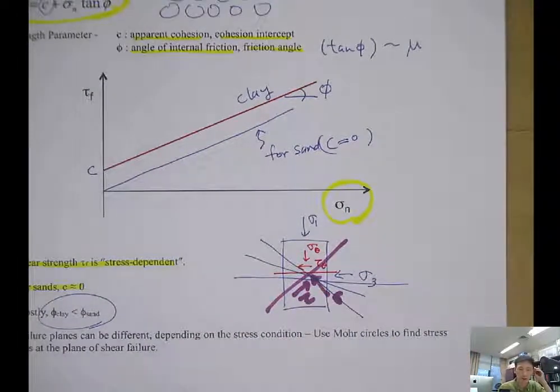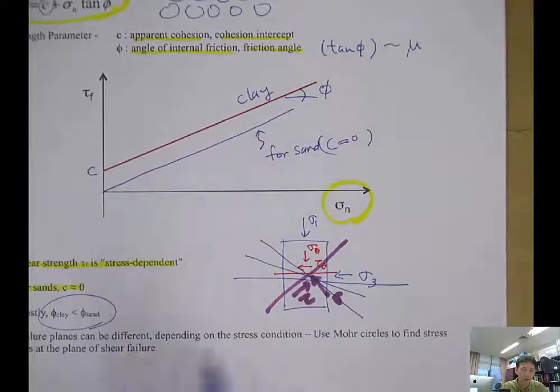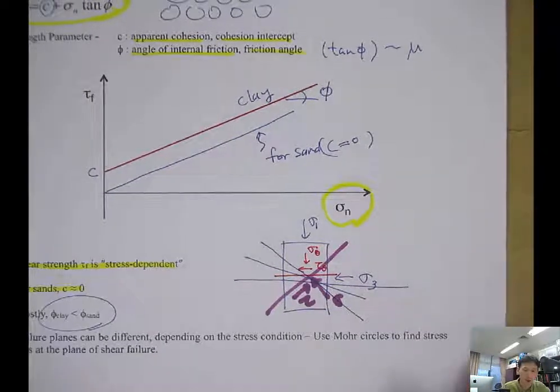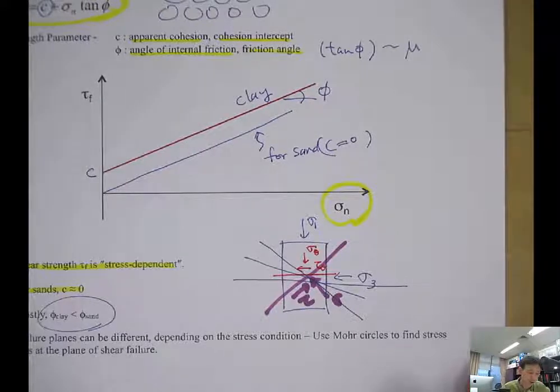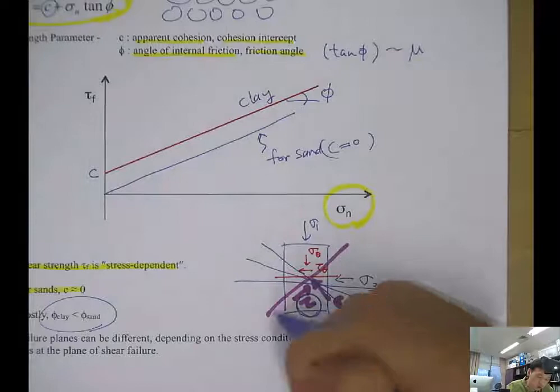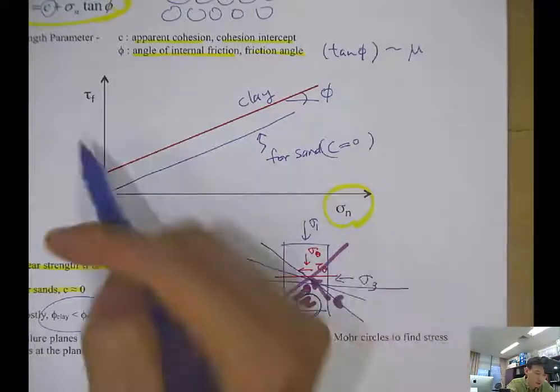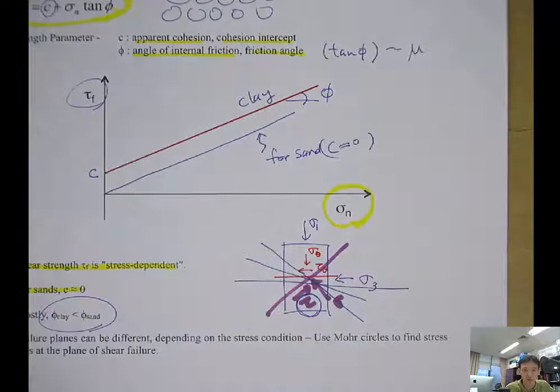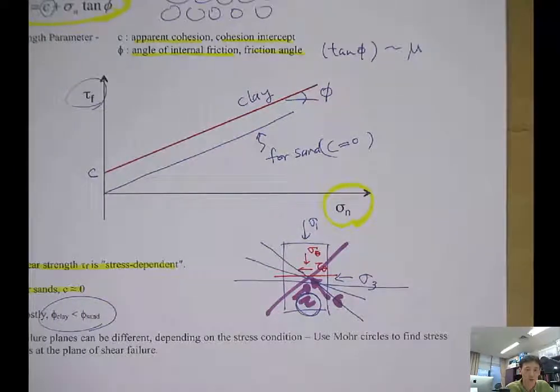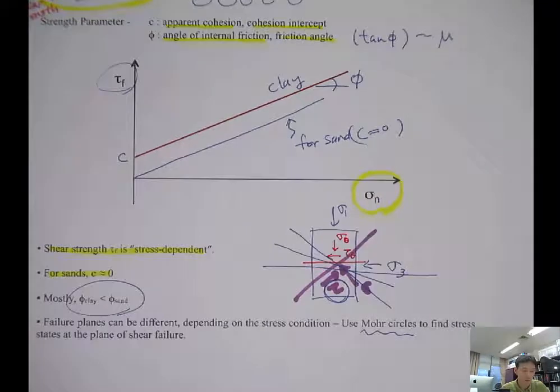As the plane angle differs, you can define an infinite number of planes of interest, and depending on the plane, the stress condition on that plane will be different. If the stress at a certain plane is greater than the strength tau f, then failure will occur. So to find the failure condition, we have to use the Mohr circle for a specific plane of interest.